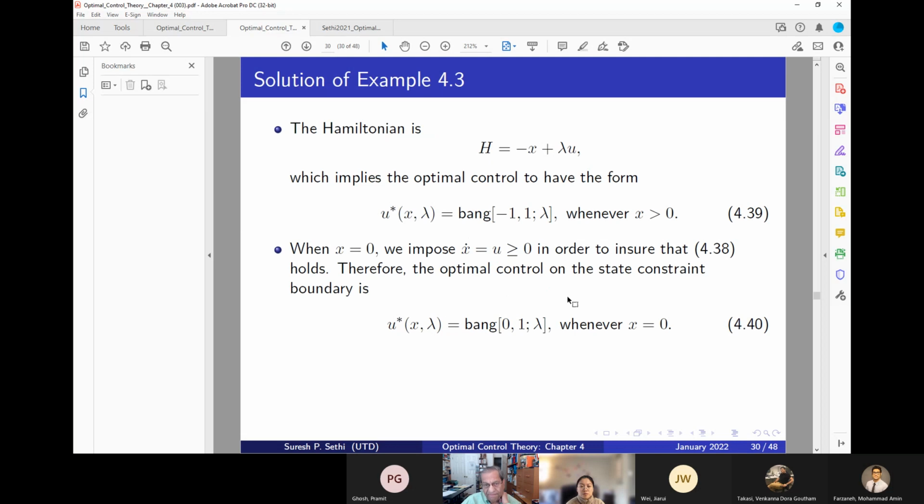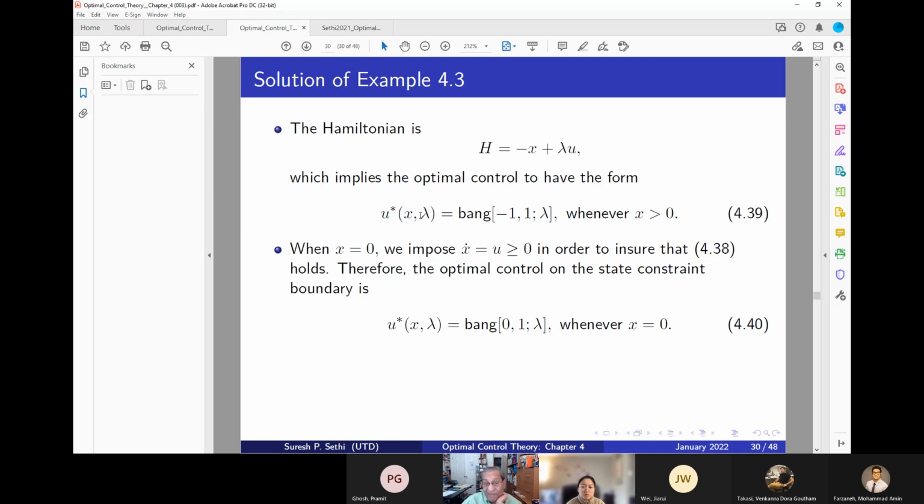Okay. So let's now apply the indirect maximum principle. Hamiltonian is minus x plus lambda u, and a u star of x lambda, which is now special as a function. Notice this is an abuse of notation. Mathematics people would say that is not right, because we use u star t as an optimal control.